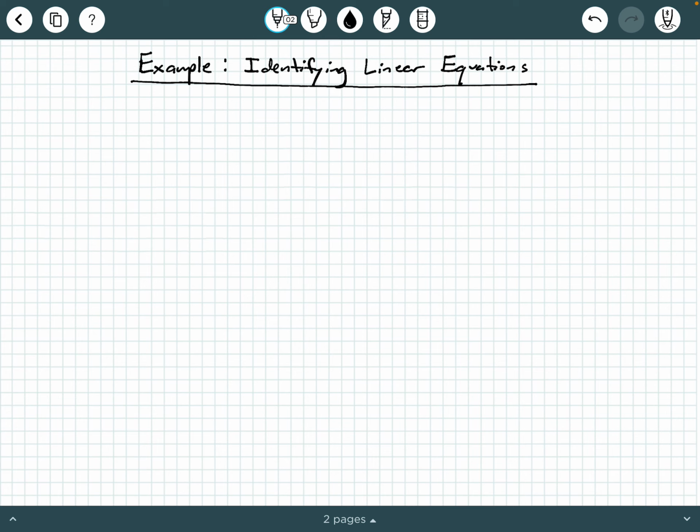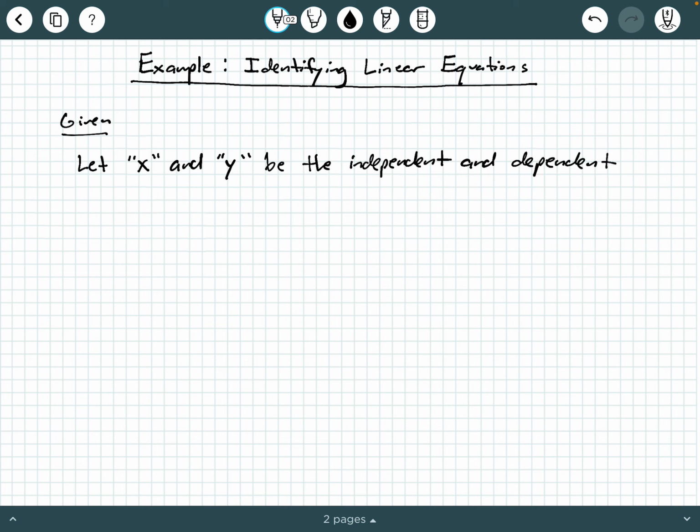We're going to start by writing given. And here's our given information. We're going to say let x and y be the independent and dependent variables, respectively.